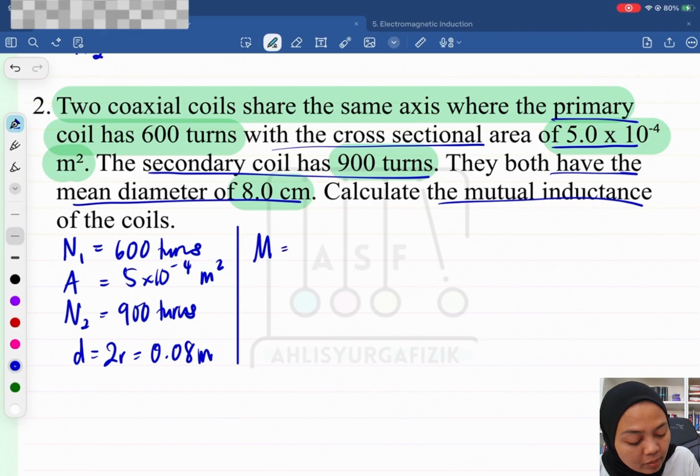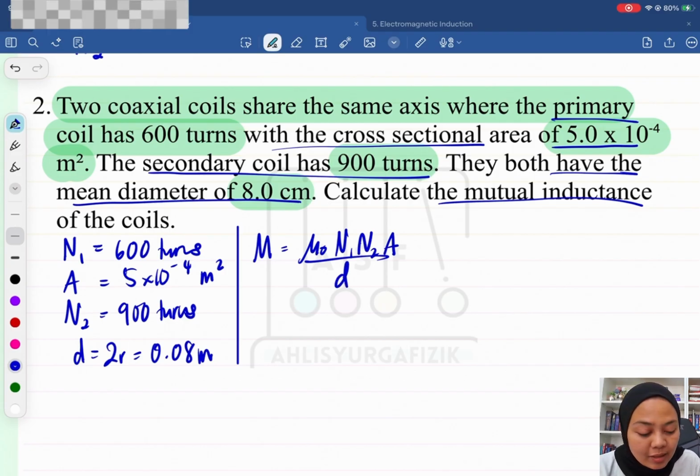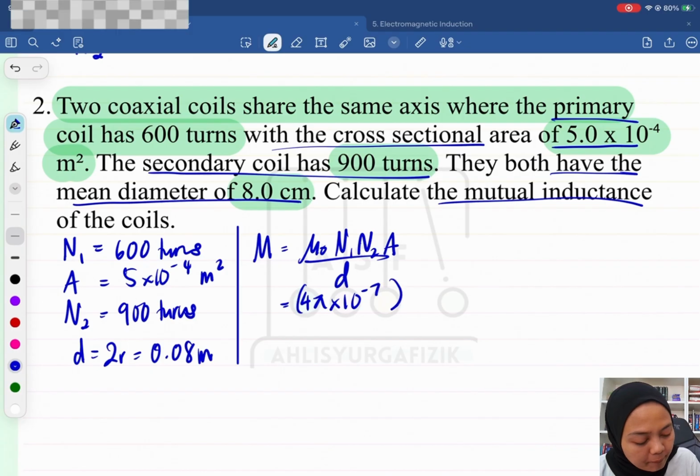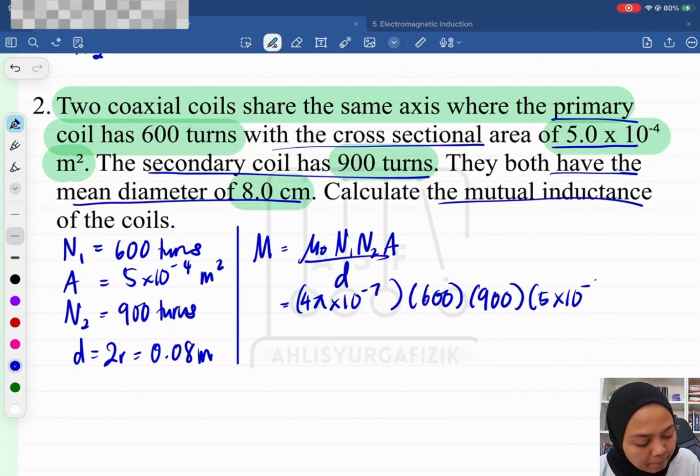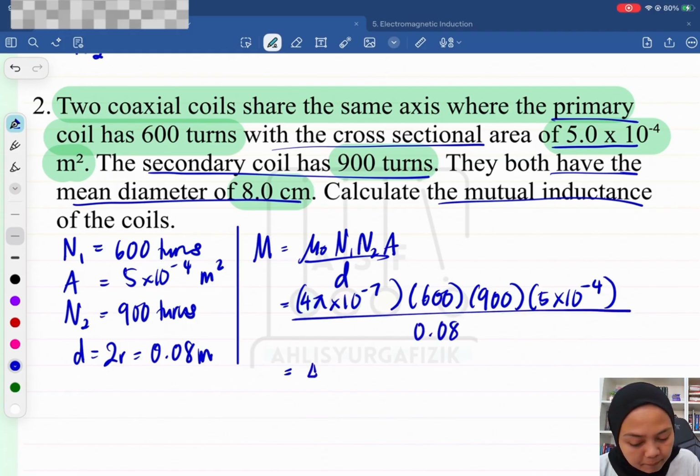We're going to use M equals mu naught N1 N2 A over, you know what? I'm going to use D instead of 2R. So the answer is 4.71 times 10 to the power of negative 6 Henry.